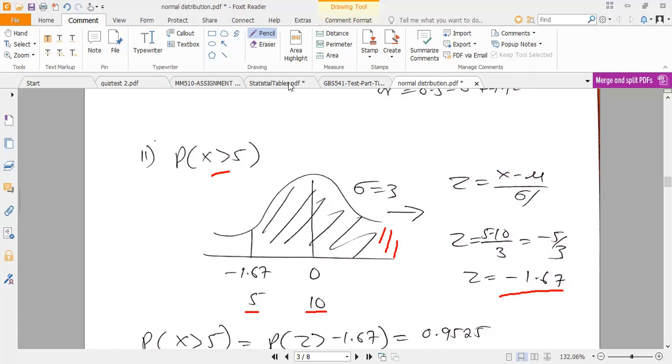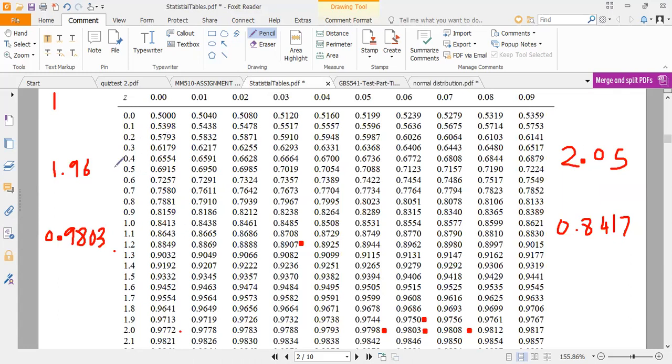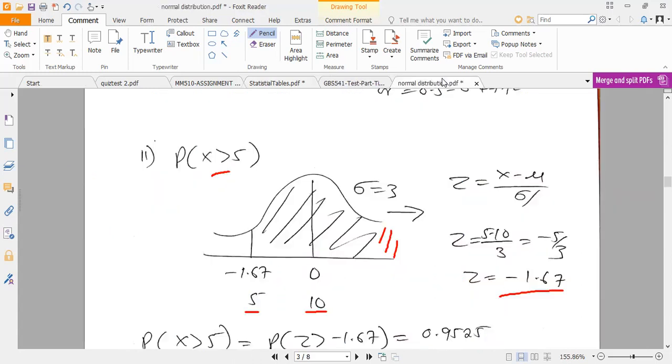Now this table has positive numbers only, so it means all the readings exceed the middle line. 1.67, so 67 somewhere here: 0.9525.